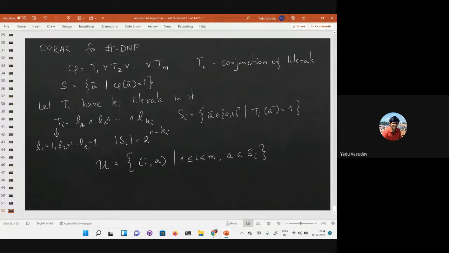So this basically is telling you that Ti of A is equal to 1. For each term, you look at the assignments that satisfy that term and you collect everything.